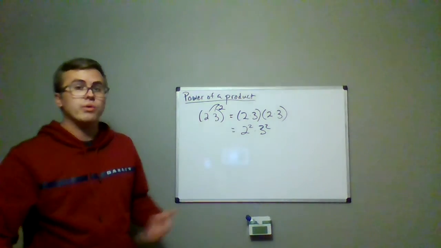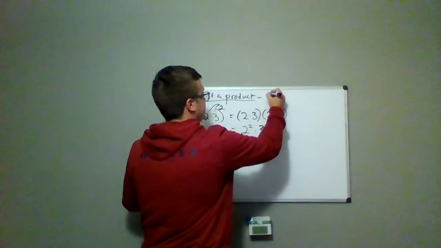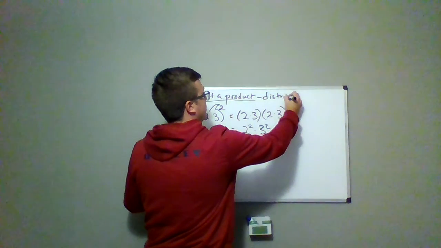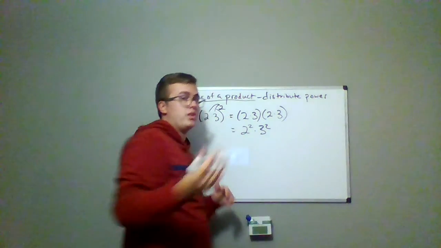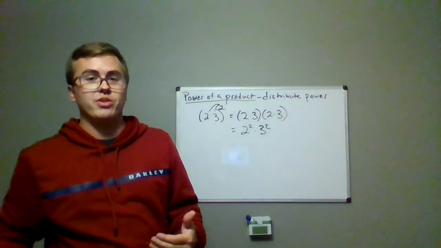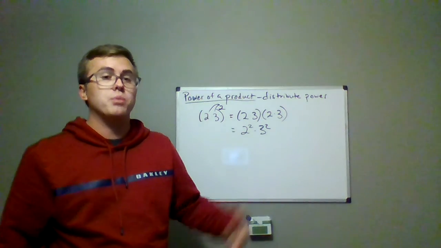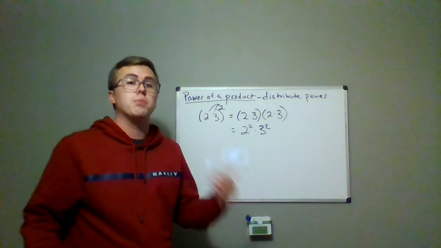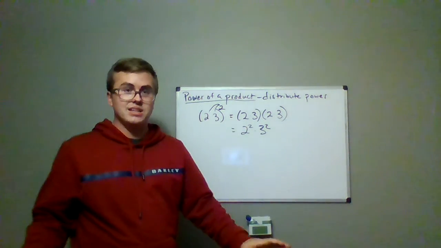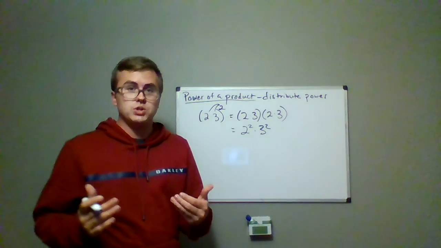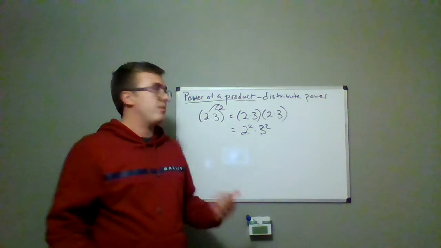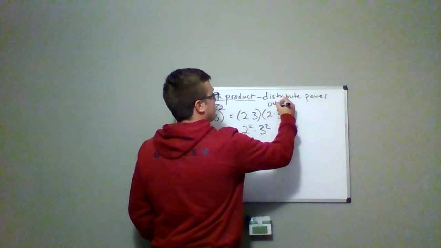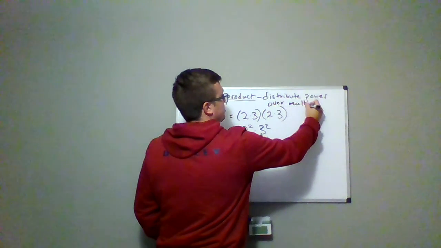So power of a product says to distribute the power, and this is the really important part that a lot of times people forget: you distribute the power over multiplication, not addition. When you're looking at distributing multiplication, that's over addition, but distributing a power is over multiplication.